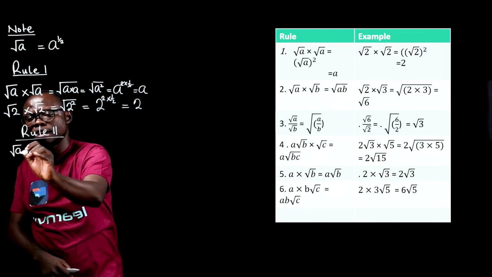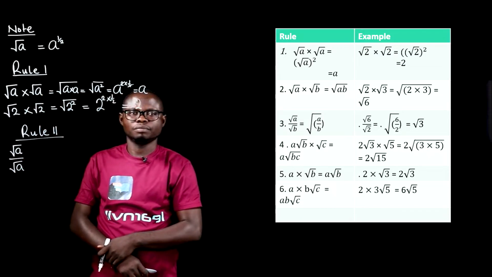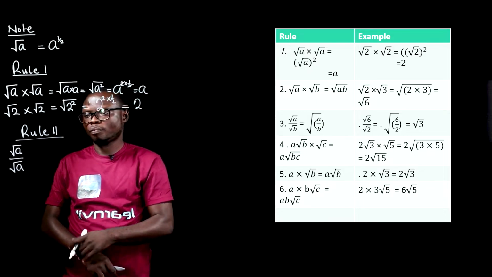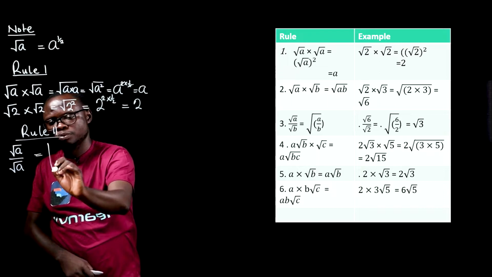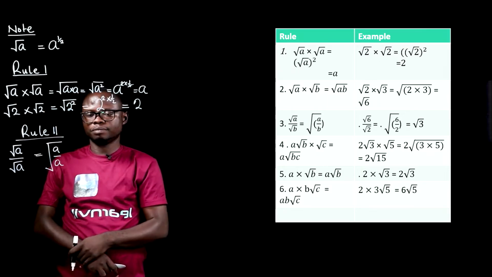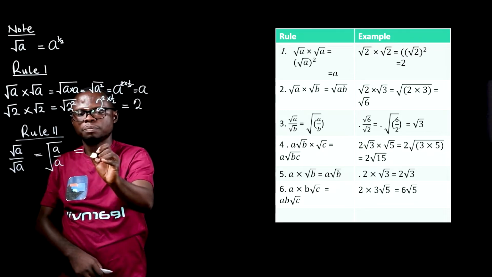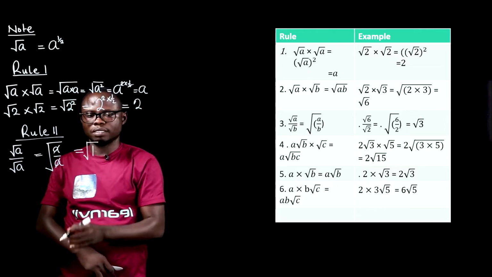Square root of A divided by square root of A. This will become the bigger square root of A divided by A. And this becomes the square root of 1.